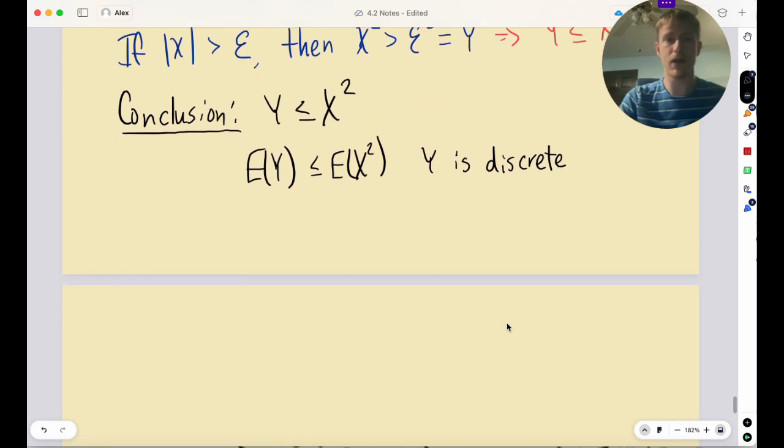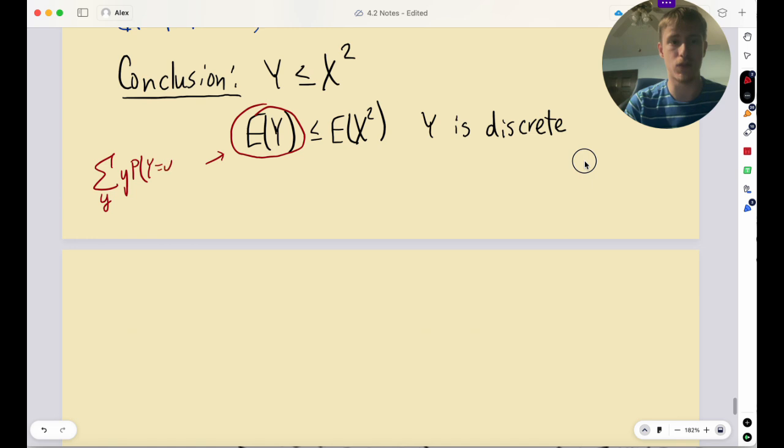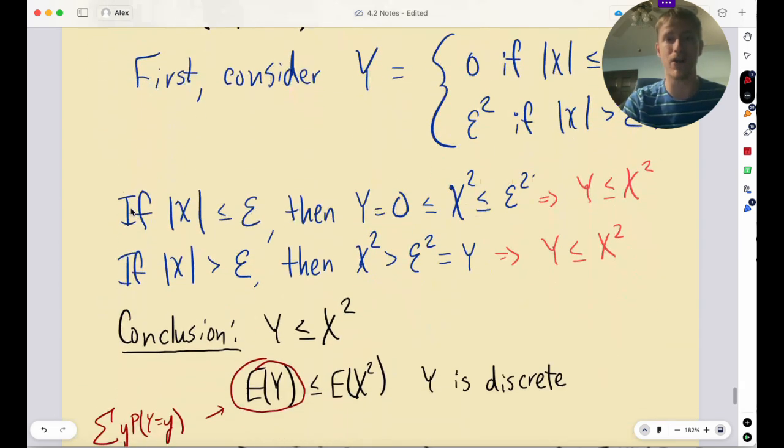The expected value of y is the sum over all possible y of y times the probability that y is equal to y. But y can only take on two possible values.